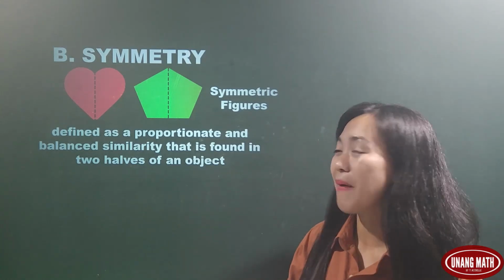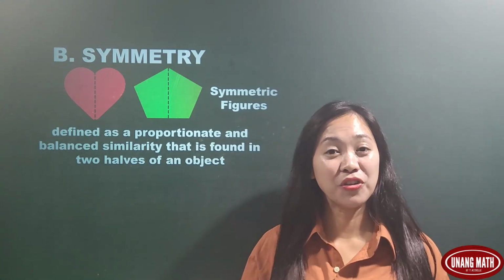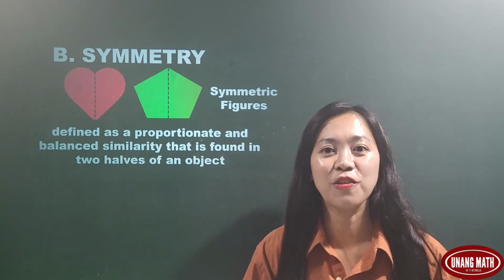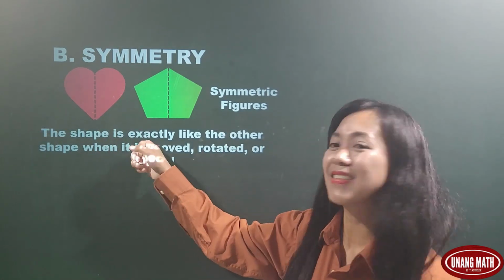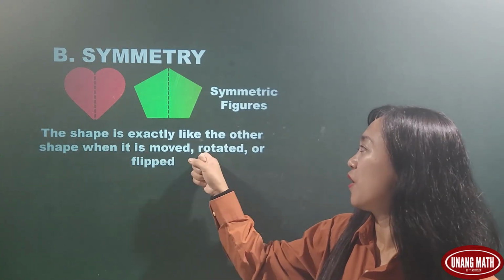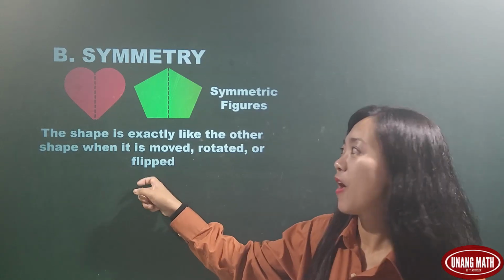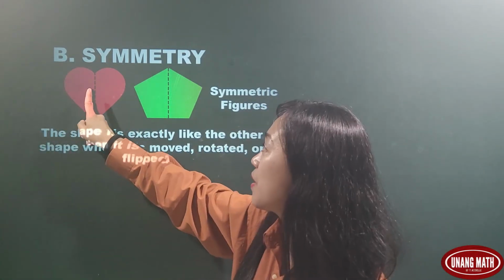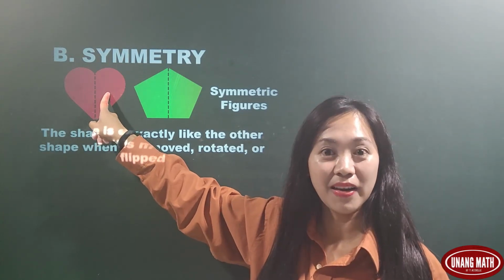Okay, since balance at proportionate ang dalawang parts or dalawang hati ng isang figure, the shape is exactly like the other shape when it is moved, rotated, or flipped. Okay, so sa figure natin dito, ang part na ito ay mirror image ng part na ito.